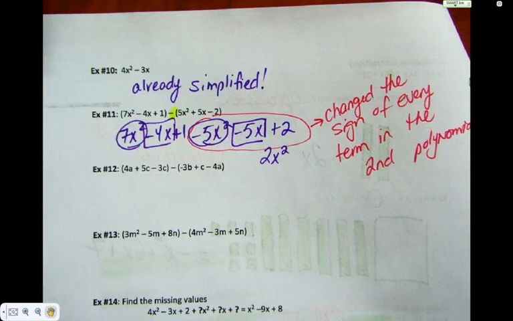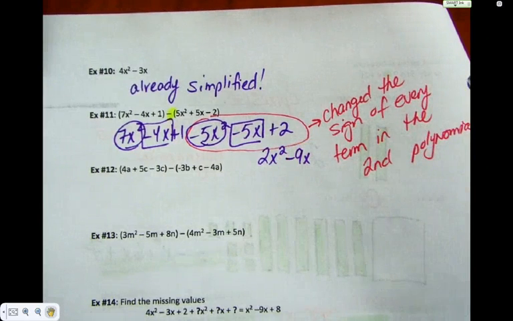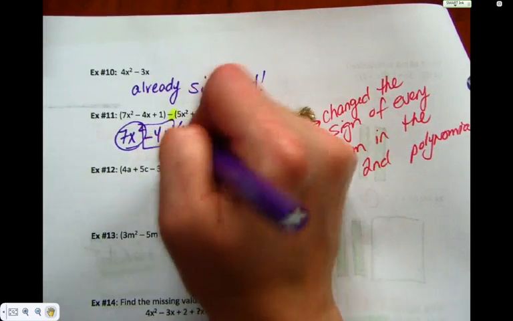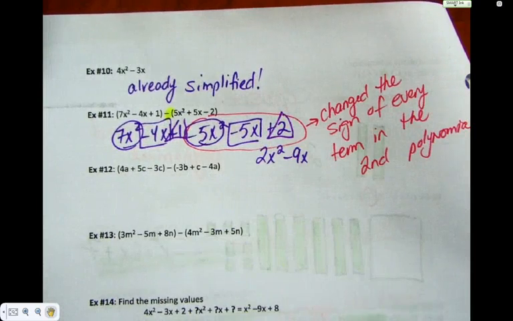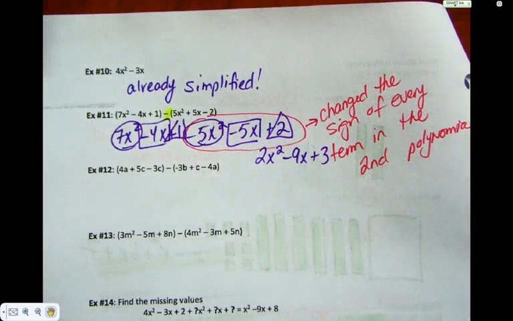If I have 4 that are white and 5 that are white, what do I have? Minus 9x. And then I just have a plus 1 and a plus 2 hanging around. I put those together and we have plus 3. This is called simplifying or collecting like terms or adding and subtracting. It's just like grade 1, 2, and 3 when you sorted stuff and counted stuff.